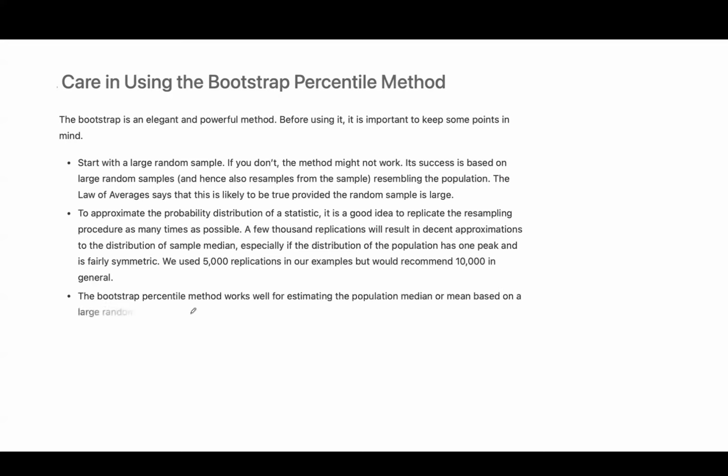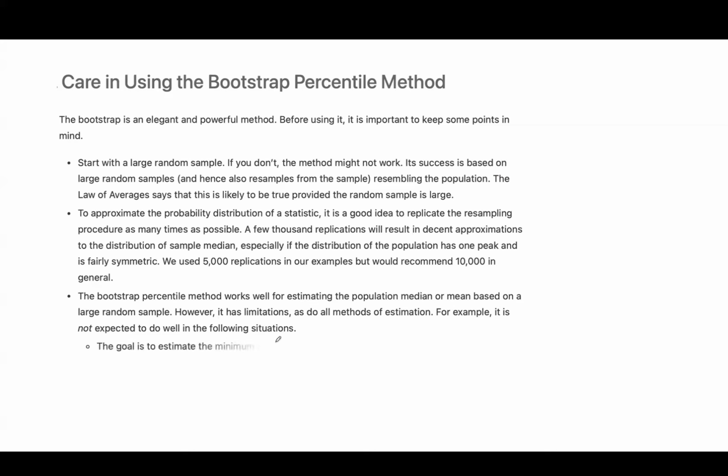The bootstrap percentile method works well for estimating the population median or mean based on a large random sample. However, it has limitations, as do all methods of estimation. For example, it is not expected to do well in the following situations.